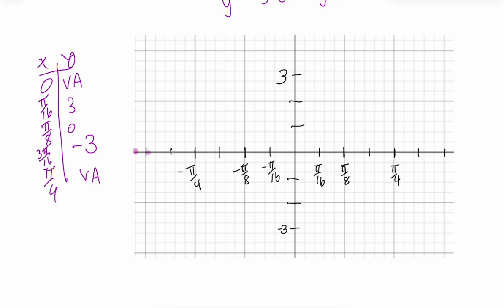We have a middle line at 0. We have a vertical asymptote at 0 and at pi over 4. So now we know the spacing. So we also have a vertical asymptote at -pi over 4. We don't have enough room on our graph paper to show any more asymptotes.